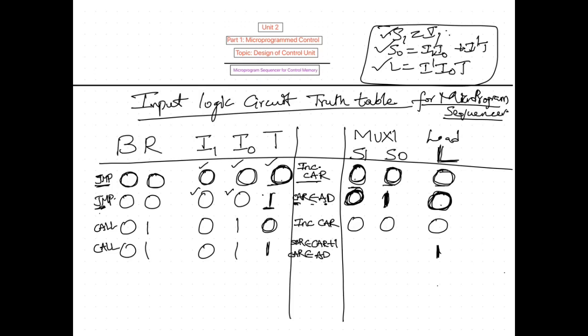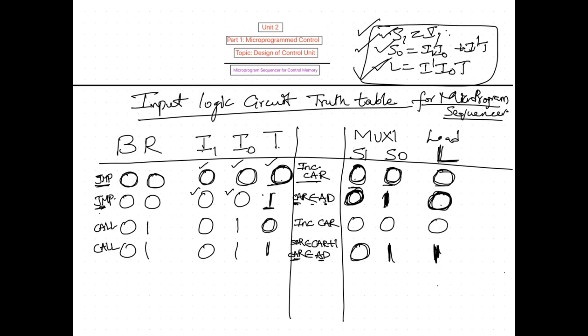This is the call micro operation. When there is a call micro operation, these transfers happen: AD is copied to CAR and the incremented CAR is moved to the SBR. AD moved to the CAR means line 1, so 0 1. If you cannot understand this, the simple step is to substitute the I1, I0 and T values in the Boolean functions, and you will get S1, S0 and L.